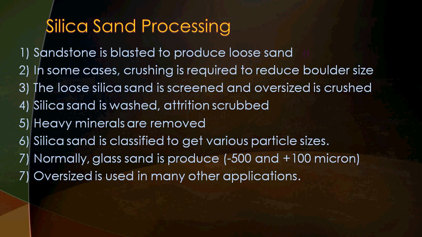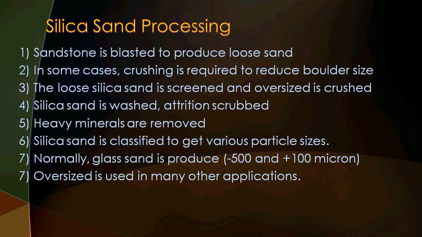Silica sand processing is sometimes a lengthy, complicated process, depending on how pure you want your material to be. Sandstone is blasted to produce loose sand. If it is a friable sandstone, initial blasting will convert all the sandstone into loose sand.